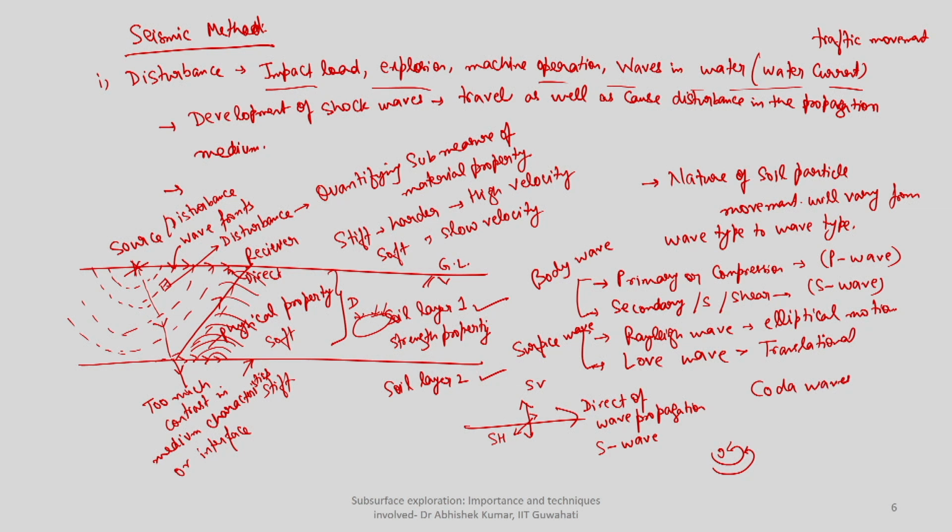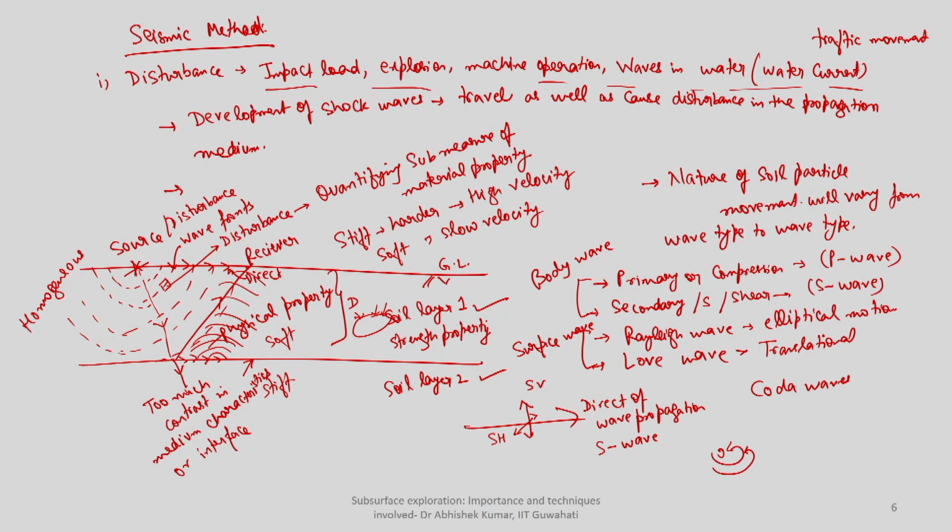Whenever we go for interpretation, we generally consider any soil layer to be homogeneous. So whatever material property you get is applicable throughout the material, unless there is too much contrast or too much change in the medium characteristics. Otherwise, up to the depth until which there is not too much contrast, the entire material will be characterized as one kind of medium.